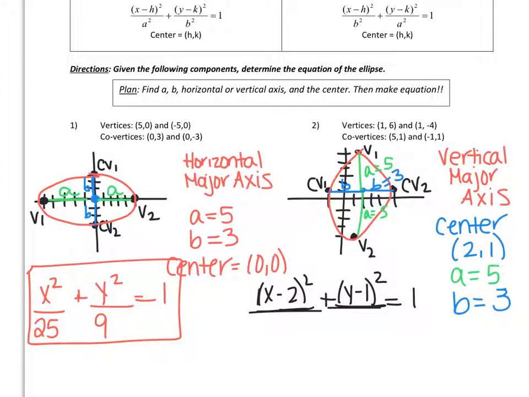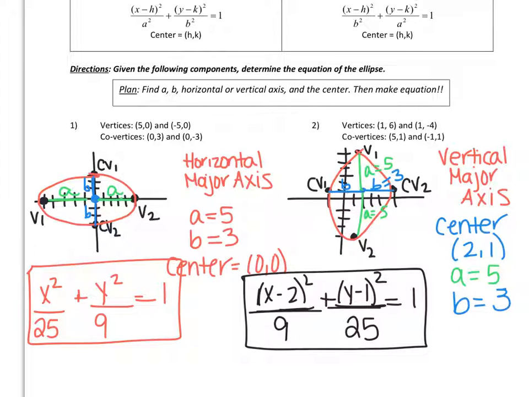Now because it's opening vertically, the a value is going to go here, and the b value is going to go here, or the b squared value. So if b is 3, I'm going to square it and put a 9. If a is 5, I'm going to square it and put 25. So because the second number is bigger than the first, it opens vertically. And because the first number over here is bigger than the second, it opens horizontally.